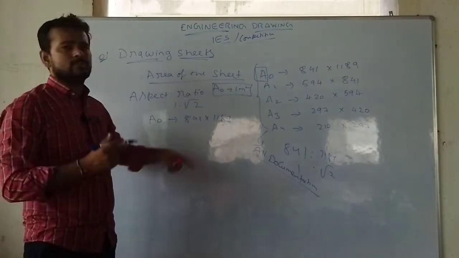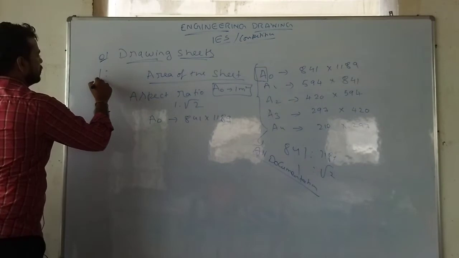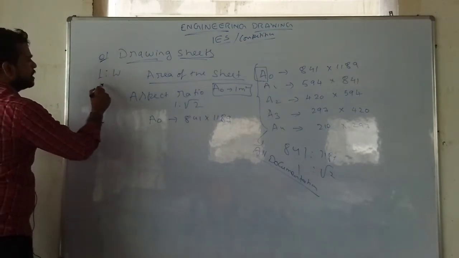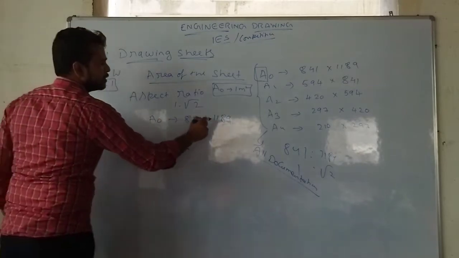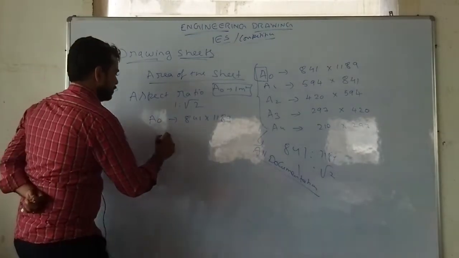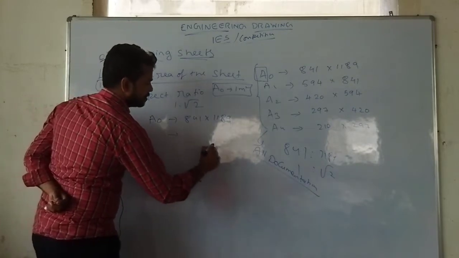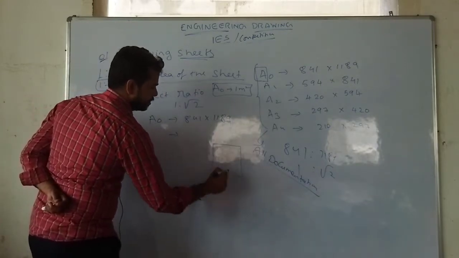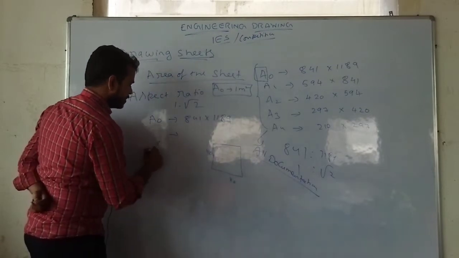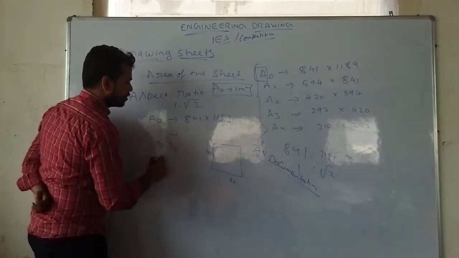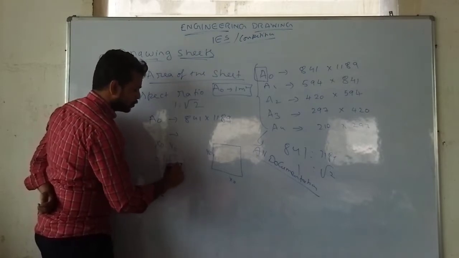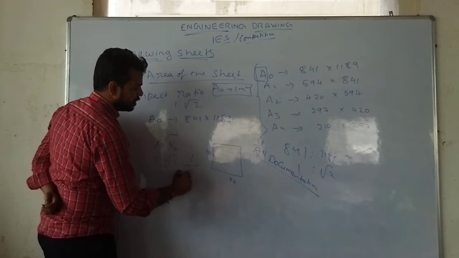Next, how is A0 described as 841 multiplied by 1189? If it is 1 square meter, in terms of length and width ratio you could say 1:1. But why is it 841 by 1189? If this is the drawing sheet, this is X0 and this is Y0, and the X0 and Y0 ratio must be in the aspect of 4√2 and 1/4√2.